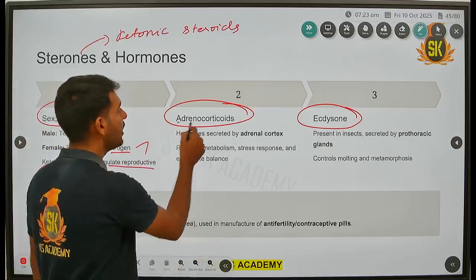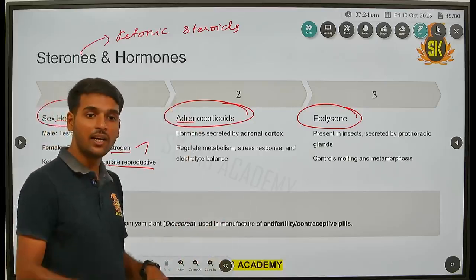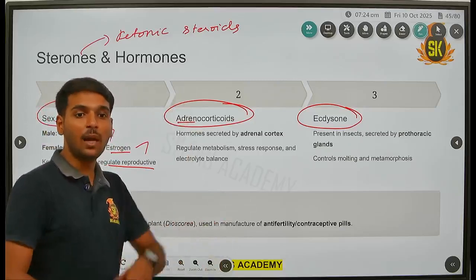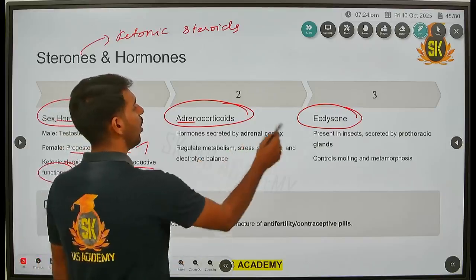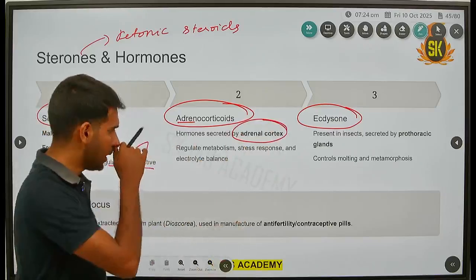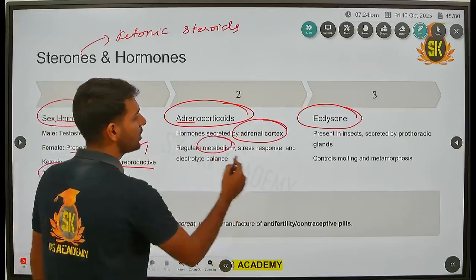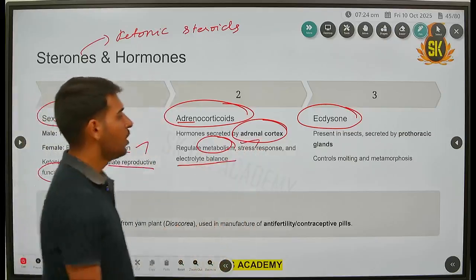Adrenocorticoids, the name adrenal means again adrenal gland on the kidneys. Which part of the adrenal gland, internal part or outer part? Outer part, which is your adrenal cortex. Adrenal cortex is the outer region of the adrenal gland. They regulate metabolism, stress response, and electrolyte balance.